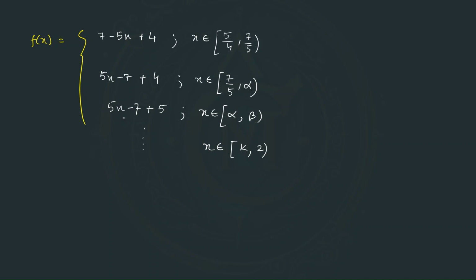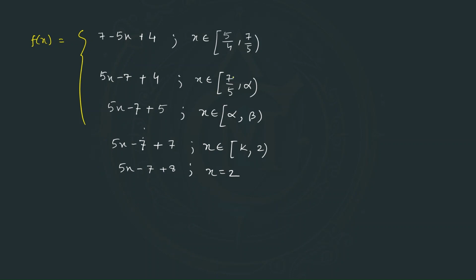And then the greatest integer will be 7, so 5x minus 7 plus 7. And then for x equal to 2, the greatest integer will become 8, so 5x minus 7 plus 8. So like this.